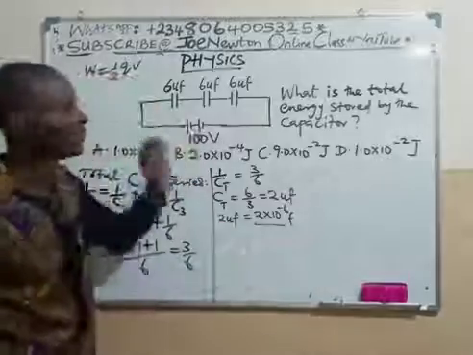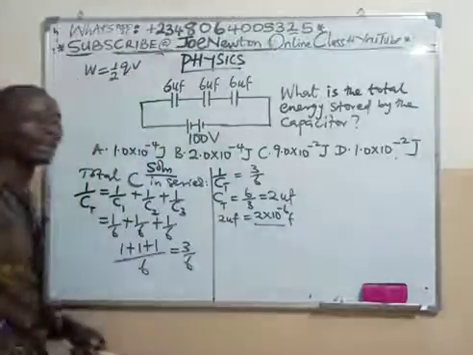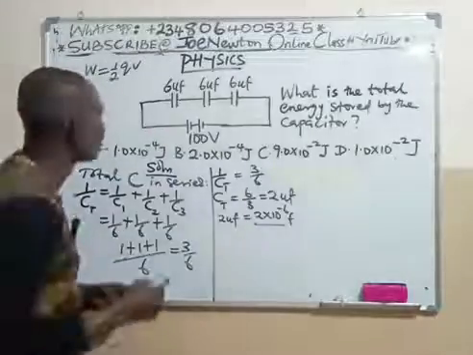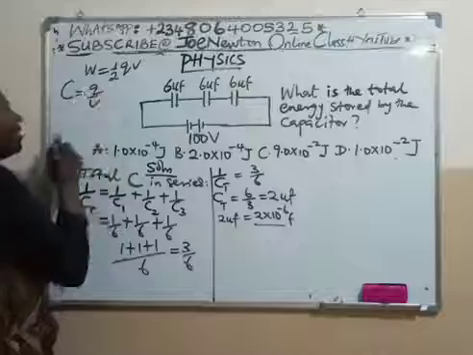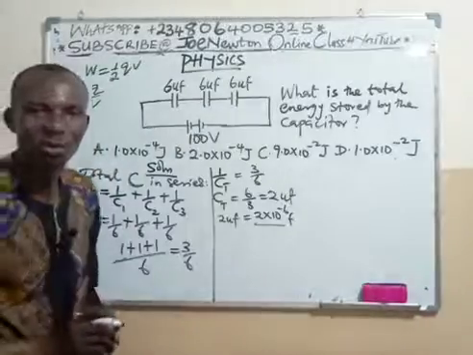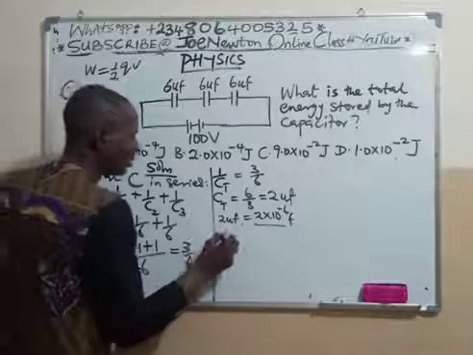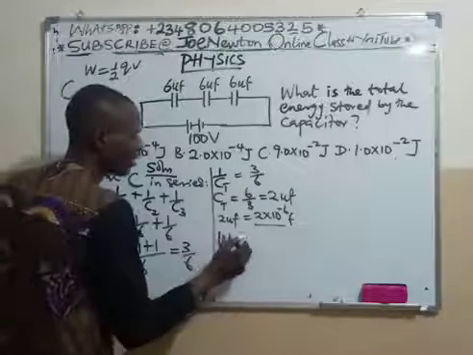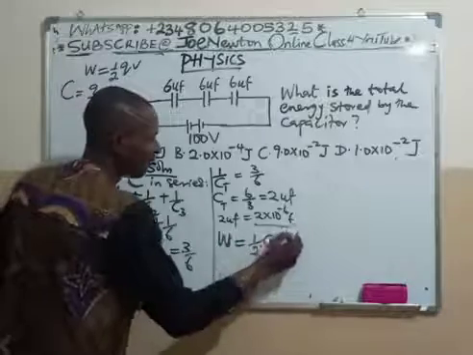But we are not given the charge stored in this capacitor, so we are going to use the alternate formula. The capacitance of a capacitor is given by C equals Q over V. So we can now use the alternate formula that the work done, or energy stored, is equal to 1 over 2 C V squared.